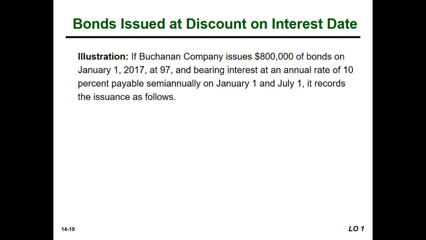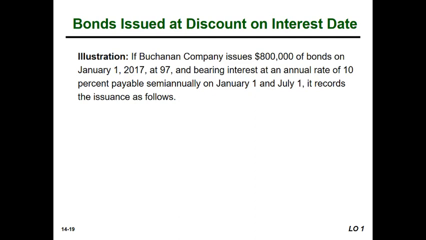Most of this you have been exposed to already in prior classes. However, it is important that you understand how it works and get a good solid grasp on it before we start playing with the accruals and the effective interest rate method. So we're going to re-cement all these concepts.